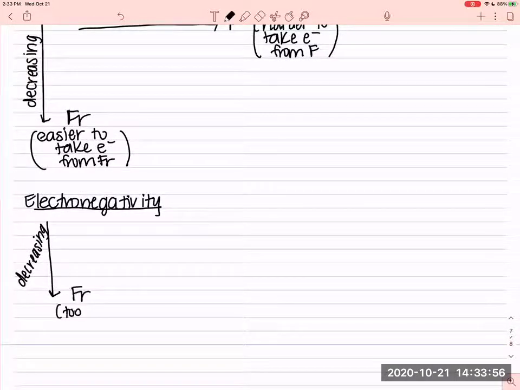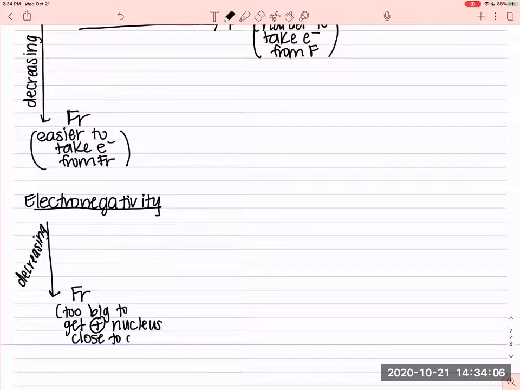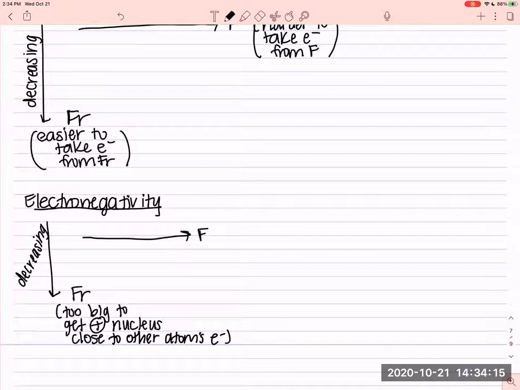It's too big to get its positive nucleus close to other atoms' electrons, versus my little friend fluorine is small.